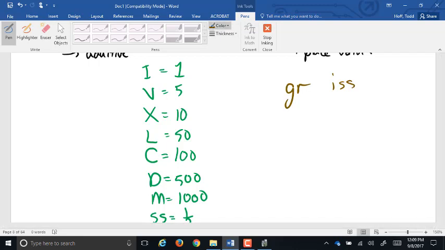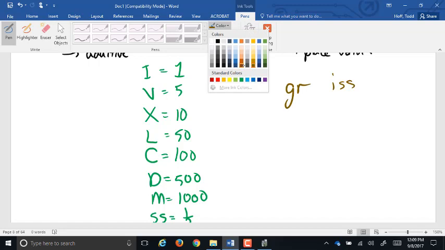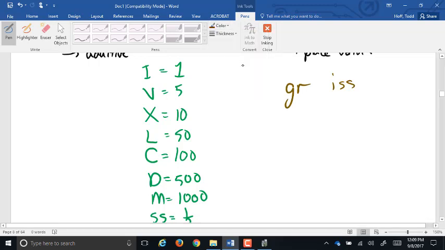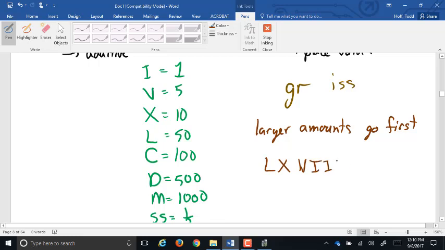So the way the Roman numeral system works is it's additive. So larger digits come first. Larger amounts go first. So we would have like LXVII.